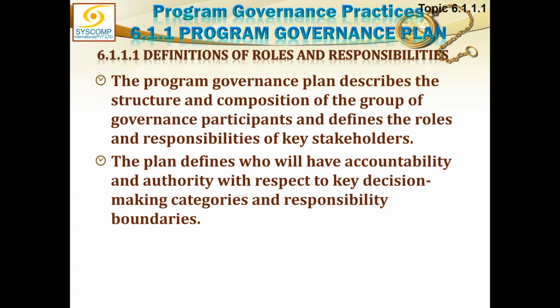So RASI is more like it, because RASI shows the accountability as well as the authority for each stakeholder. So this plan defines who will have accountability and authority with respect to key decision making categories and responsibility boundaries. So basic responsibility and the key decision making authority. So all those people who have this kind of accountability, authority, or responsibility, that is shown in those kinds of documents.